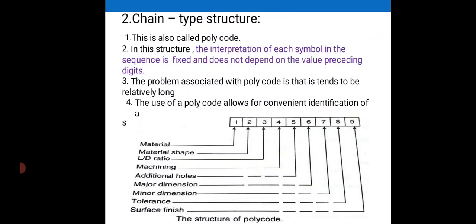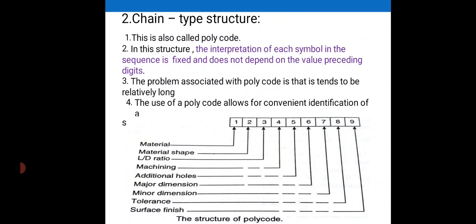Then chain type structure, which is also called polycode. In this structure the interpretation of each symbol in the sequence is fixed and does not depend on the value of the preceding digit. The problem associated with polycode is that it tends to be relatively long. So this is the code. In the chain type structure, the first digit indicates the material property of the part. The second digit indicates the material shape.